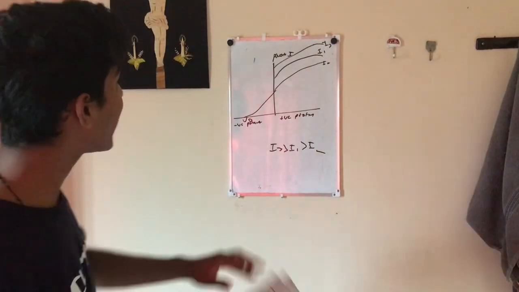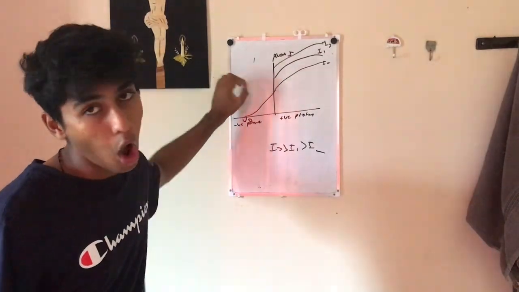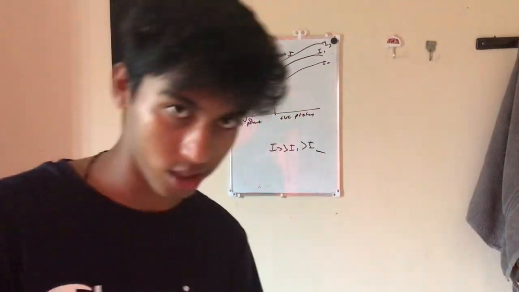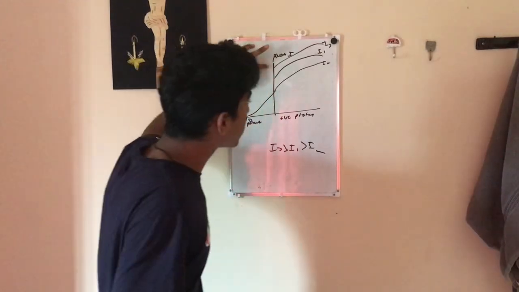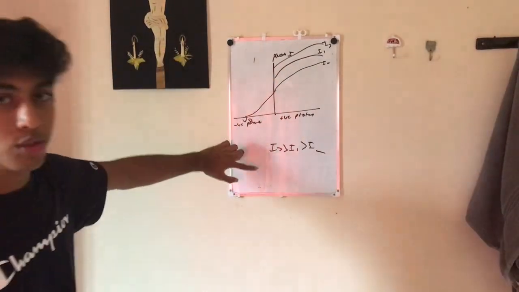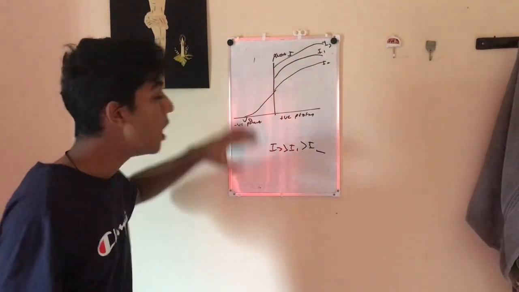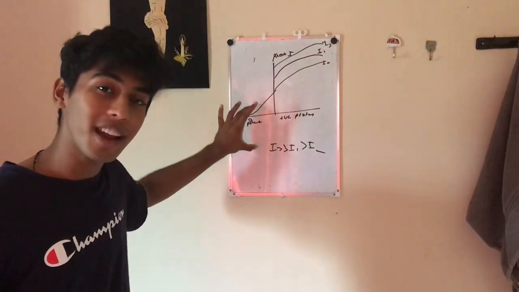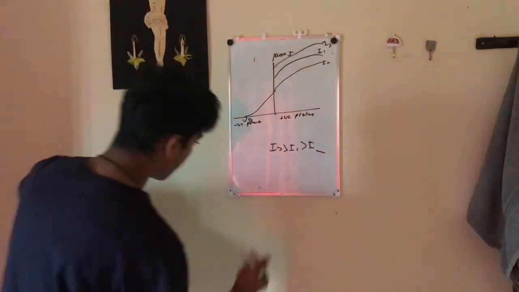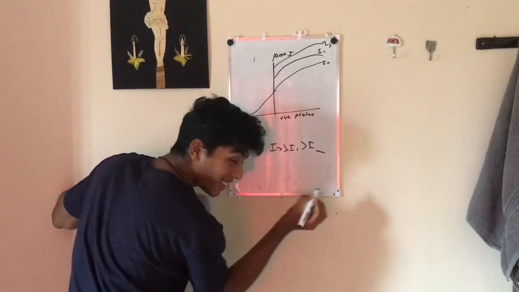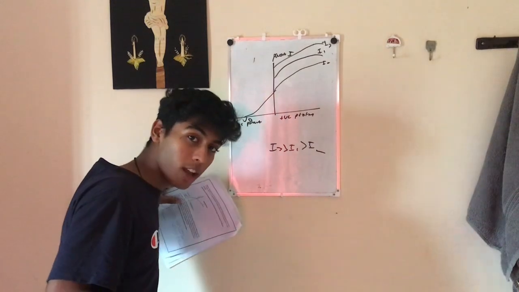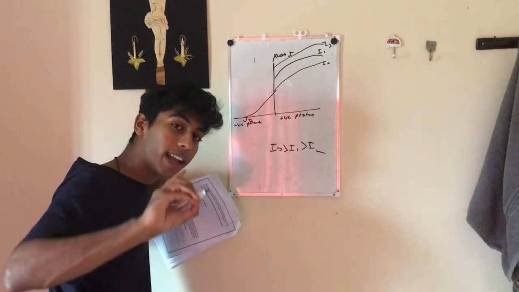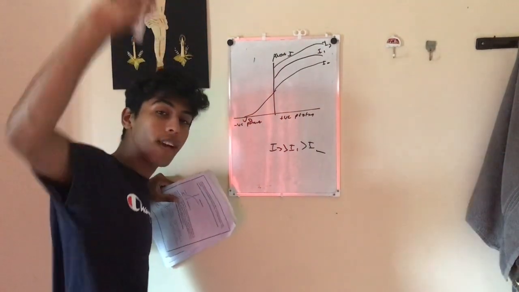However, intensity is independent of stopping potential. That means when you come over here, we are not looking at intensity. Even though this is the highest intensity, that doesn't mean it will have the least or the more stopping potential. When it comes to stopping potential, the determining factor is frequency. I want you to write it down, very important. On the right hand side, the depending factor for intensity will be photocurrent. If the intensity is greater, the photocurrent will be greater.